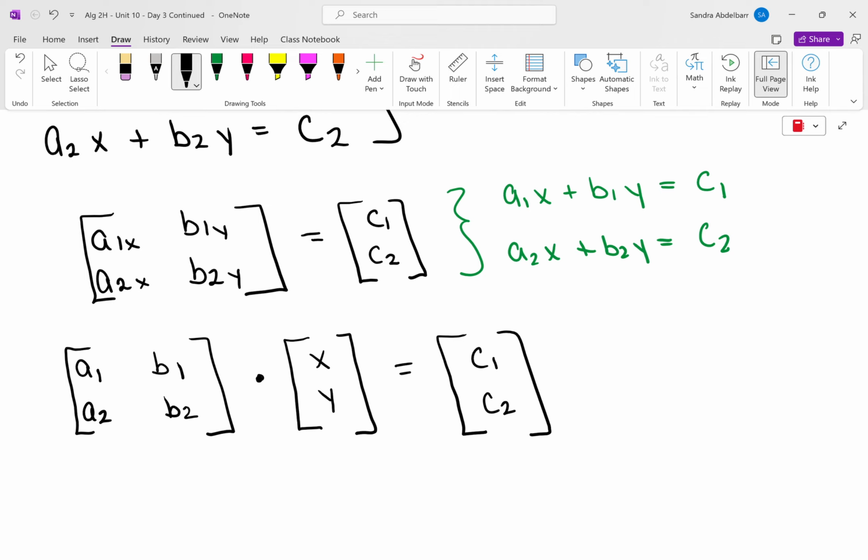So for me to solve this, I need to isolate my variable matrix. How do I isolate that variable matrix? I need to get rid of my coefficient matrix. But in matrices, you can't divide. So what can I multiply my coefficient matrix by to get it to an identity?